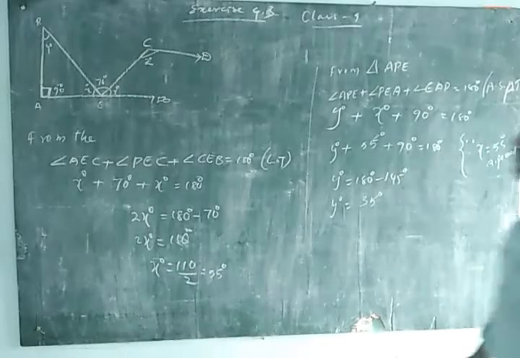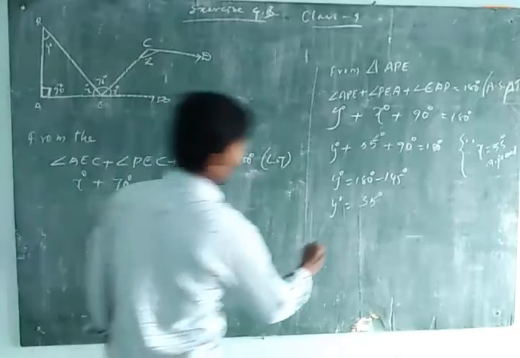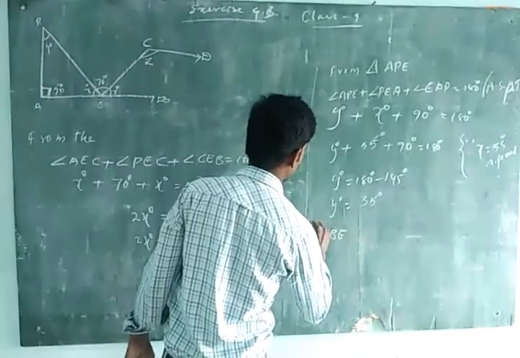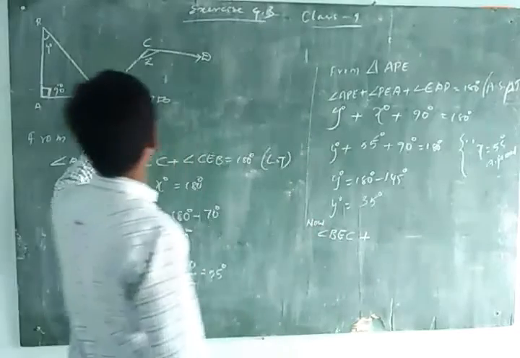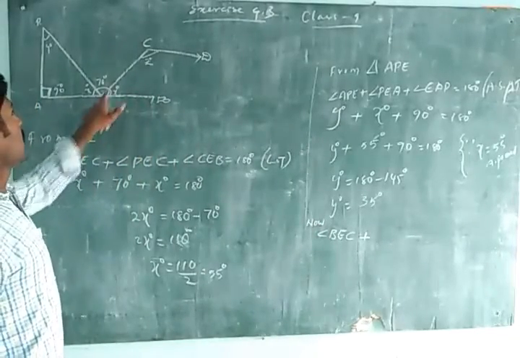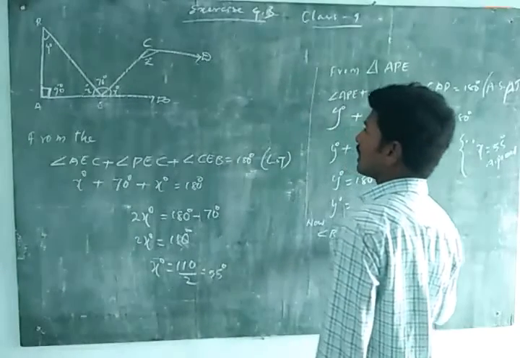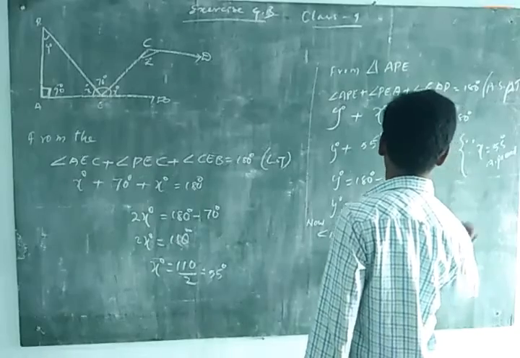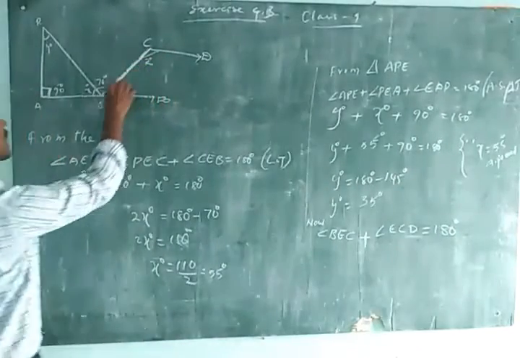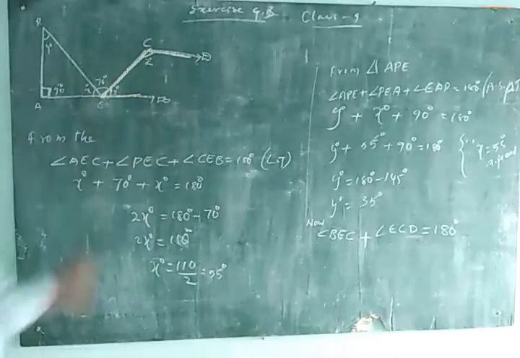Now we take the angle PEC. Angle BEC plus angle DCE, or angle ECD, is equal to 180 degrees. ఎందుకంటే సేమ్ సైడ్ ట్రాన్స్వర్షన్ ఇక్కడ చూడండి, same side transversal, it must be 180 degrees.